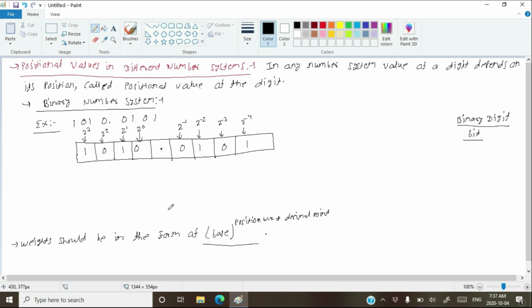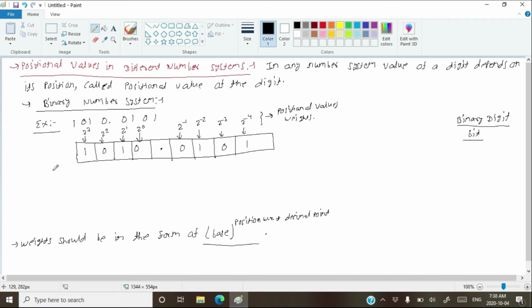So this is how we have given various weights to the various bits or various binary digits of the binary number. These are called positional values or weights. The idea here is that when you multiply each bit with its positional values and add them together, you will get its corresponding decimal as output.